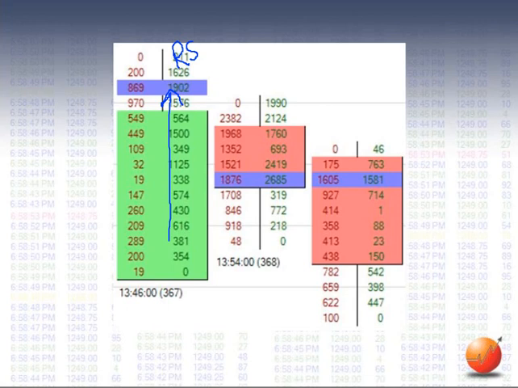Responsive selling. Sellers initiate trade. Did you miss it the first time?